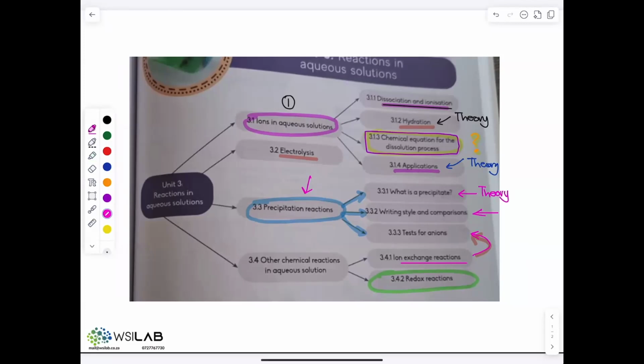There's a table, and this is the really important part that you're tested on in the exam that can count a lot of marks, and that's the test for various ions. So next week, we're going to look at that. And then lastly, we're going to look at redox reactions. That's a big section, but sometimes your textbook only does a little section for the grade 10 work. So that's in summary what we're going to do.